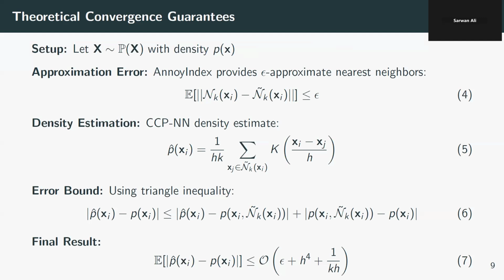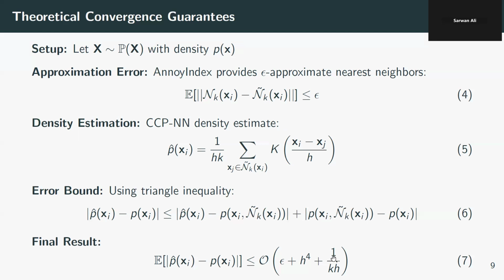Our CCP-NN density estimate is computed using these approximate neighbors. The key insight is that we can bound the error in our density estimation using the triangle inequality. The final result shows that our expected error is bounded by three terms: the approximation error epsilon, a bias term h^4, and a variance term 1 over Kh^d.